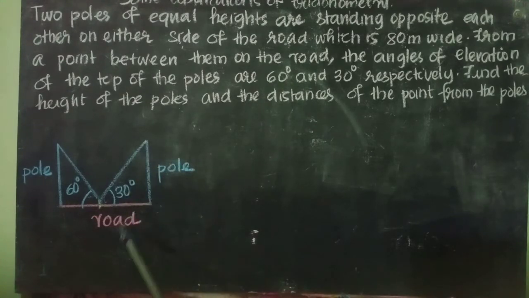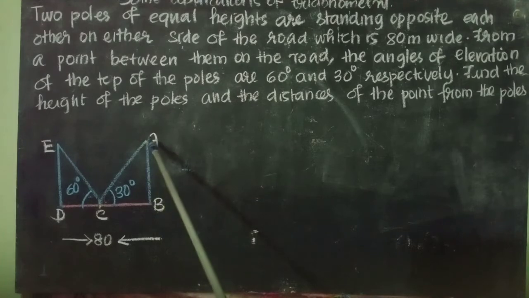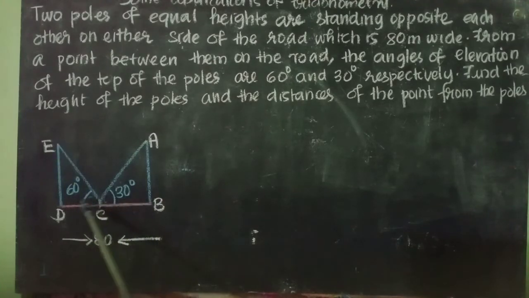Let us give the name for the points. So I marked here A, B, C, D, E. Now we know the total length of BD is 80 meter. But we need this CD and BC separately.